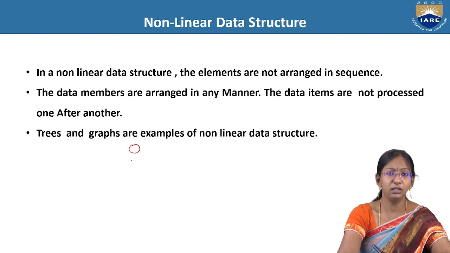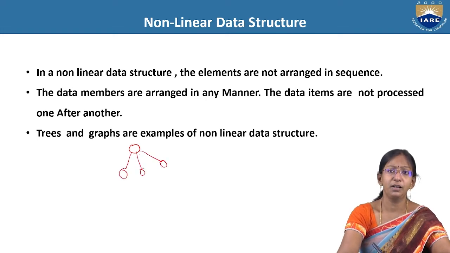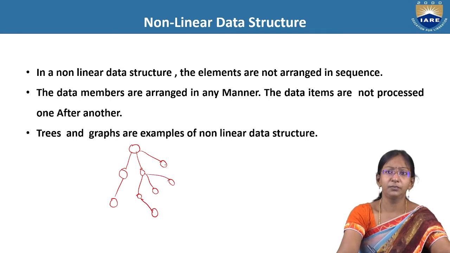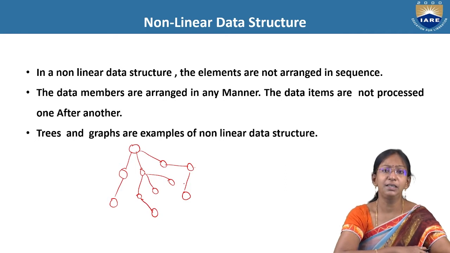A node without any parent is known as the root. It can have any number of children. Have a look at this picture. This is just a sample non-linear tree structure.